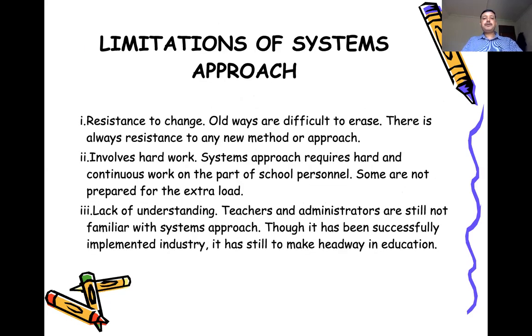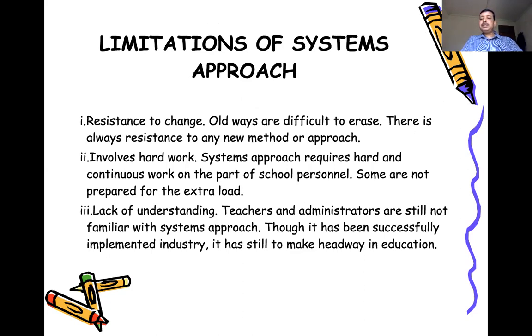Limitations of the systems approach: resistance to change. Old ways are difficult to erase. There is always resistance to any new method or approach. It involves hard work. And the third one is lack of understanding; we do not understand this systems approach.